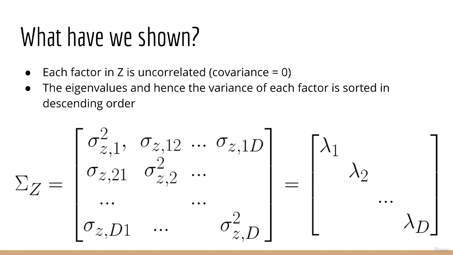Thus, each factor in Z is also sorted in order of descending variance. The variance of factor 1 is the largest, the variance of factor 2 is the second largest, and so forth. And remember that we are using variance as a proxy for information. So the first principal component has the most information, the second principal component has the second most information, and so on.